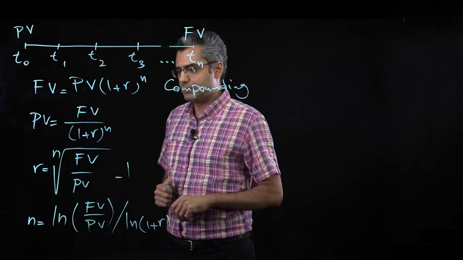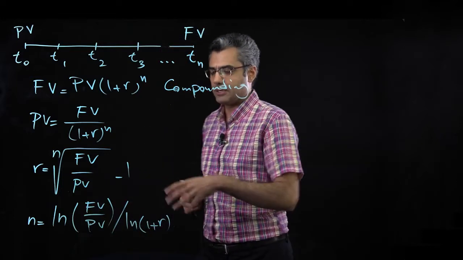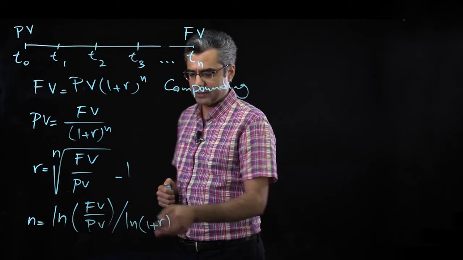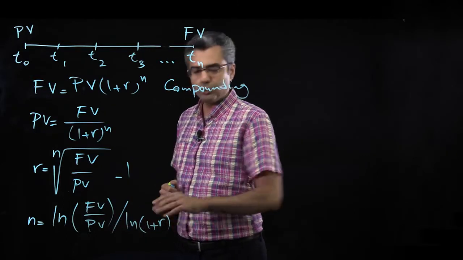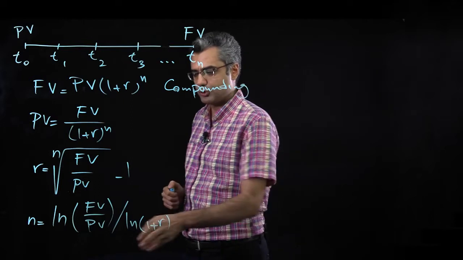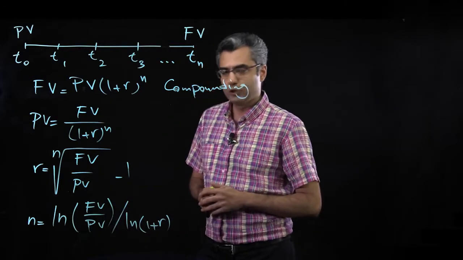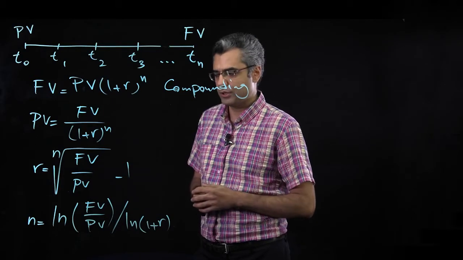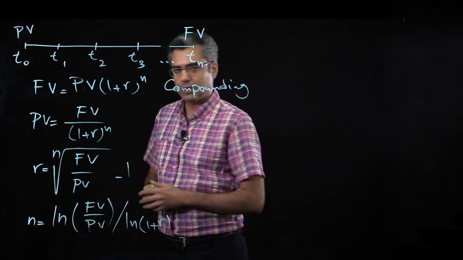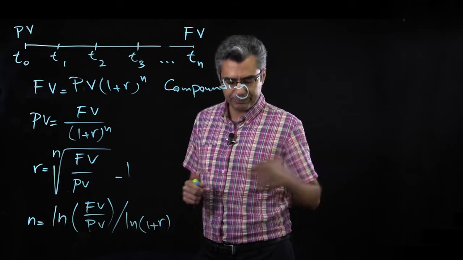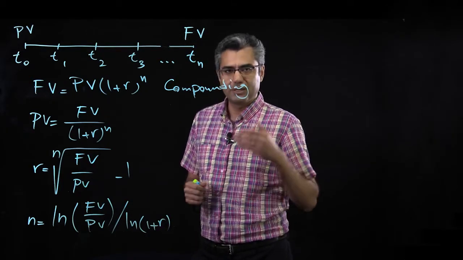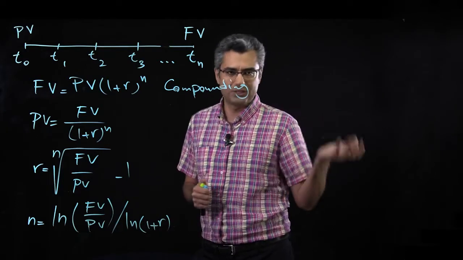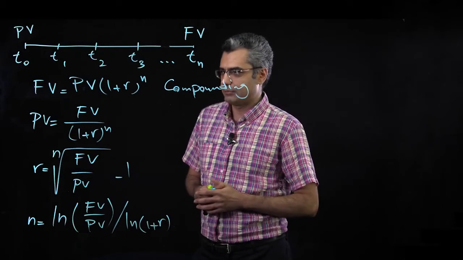And the example for this one can be, for example, there is a loan, and you know the interest rate the bank wants to charge you. You know how much you are receiving today, and you know the value of this loan in the future, and you want to know what's the period, what's the number of periods between today and the time that let's say you will receive the loan or you will return back the loan.